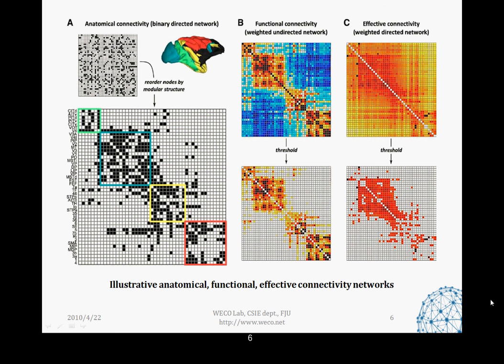So for effective connectivity, sometimes they use a directed network, because the effect is sometimes unidirectional, from one region to another region.